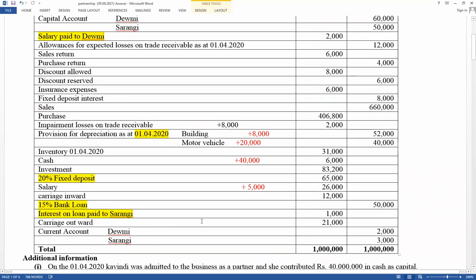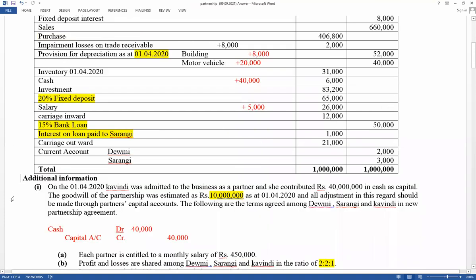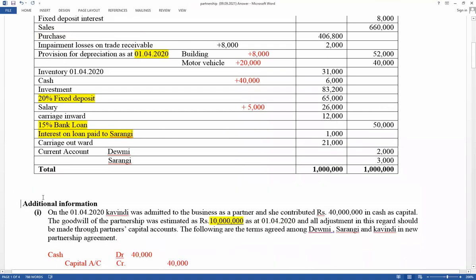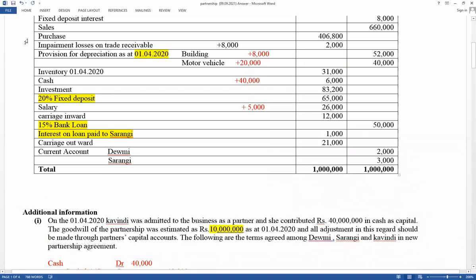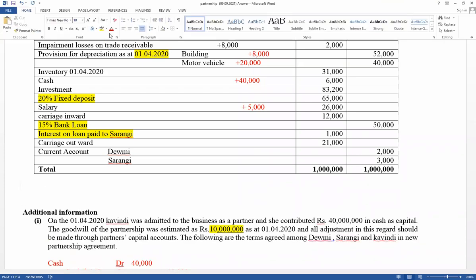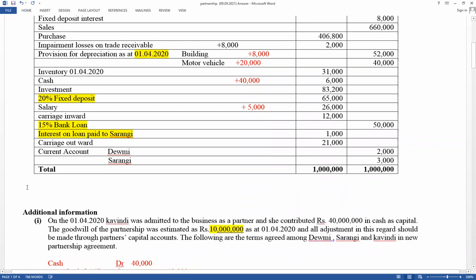Think here it has given loan interest paid for Sarangi. And this is where you have to adjust. First one, you have to calculate loan interest for Sarangi. Loan interest expense. Therefore, loan interest within bracket Sarangi.